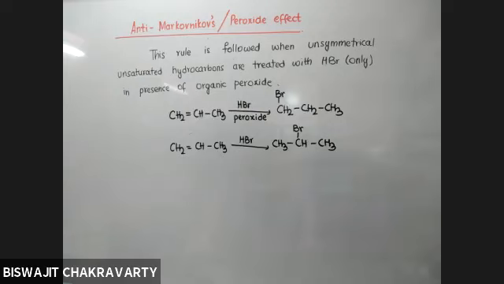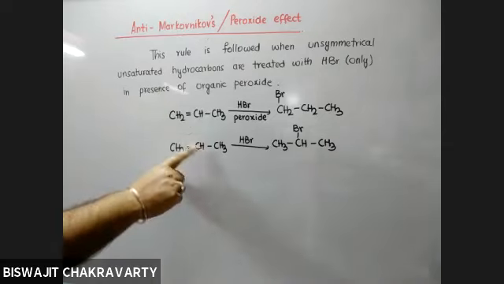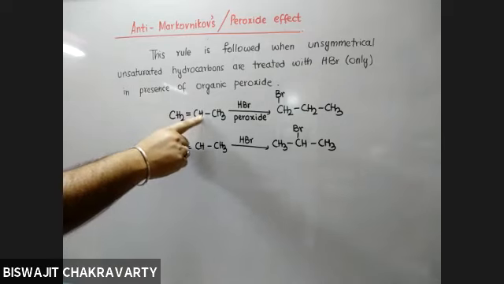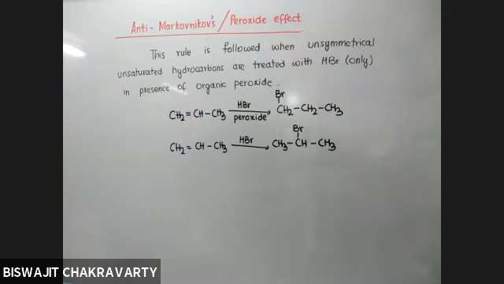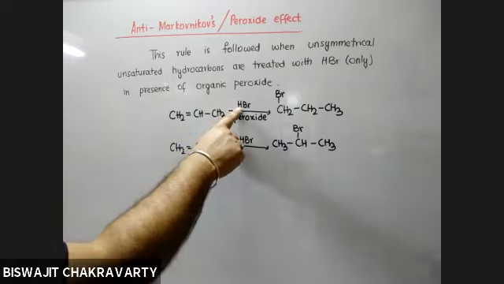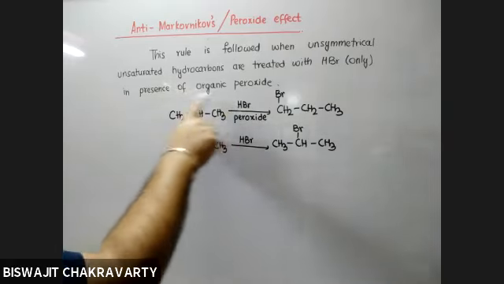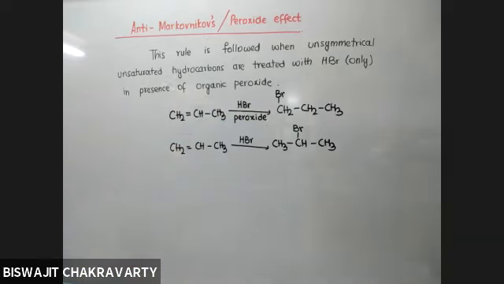So if it is reversed, what will be the result? It will go to that carbon around the multiple bond which contains lesser number of hydrogen atoms, isn't it? H will go to this one and Br will go to the corner. Understood?